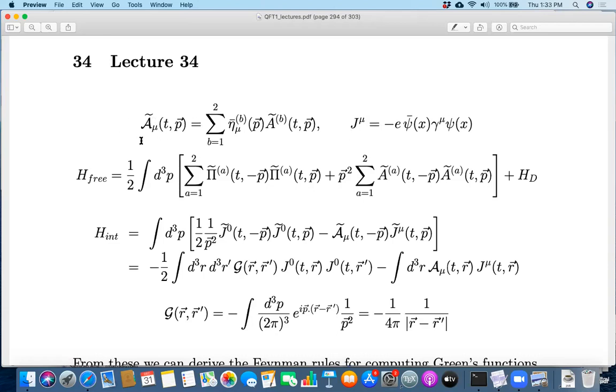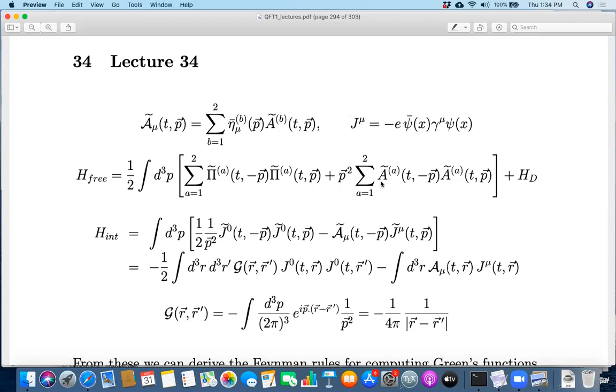So we define this curly A tilde mu in this fashion, and J mu is the electromagnetic current, which is defined here. Based on this, we constructed the Routhian. Because we had eliminated the A0 variable in the Routhian, it's as good as a Hamiltonian. I'll call this the sum of two parts, the free Hamiltonian and the interacting Hamiltonian.